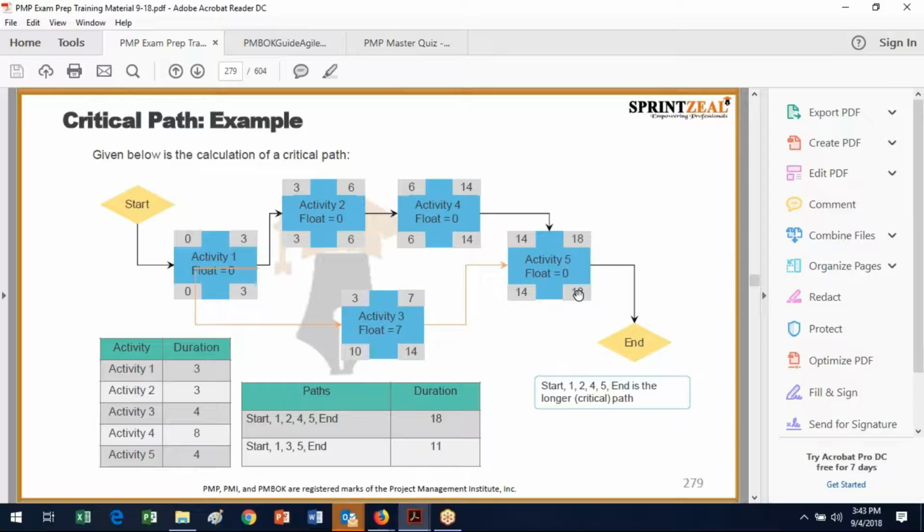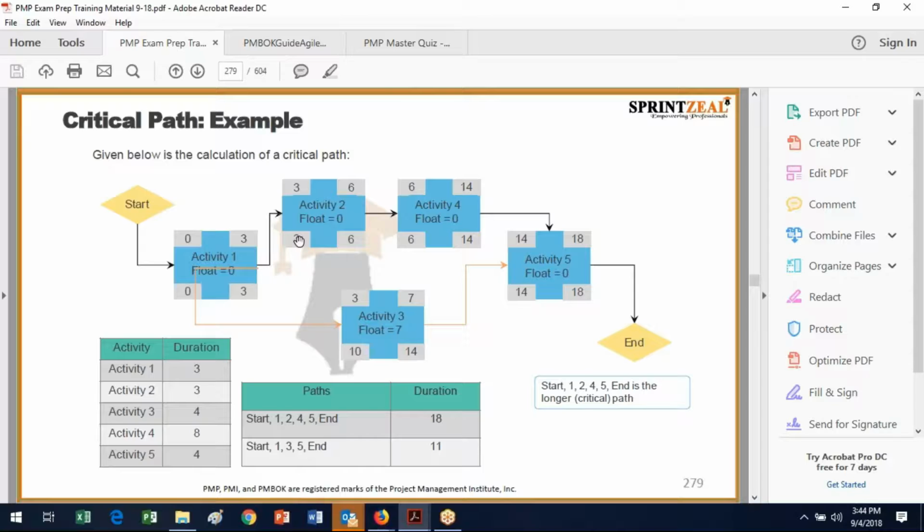We know the activity has a duration of 4, so 18 minus 4 is 14. And then that 14 gets translated back to here and to here. Then 14 minus activity 4's duration of 8 is 6, and here we have 14 minus activity 3's duration of 4 is 10.